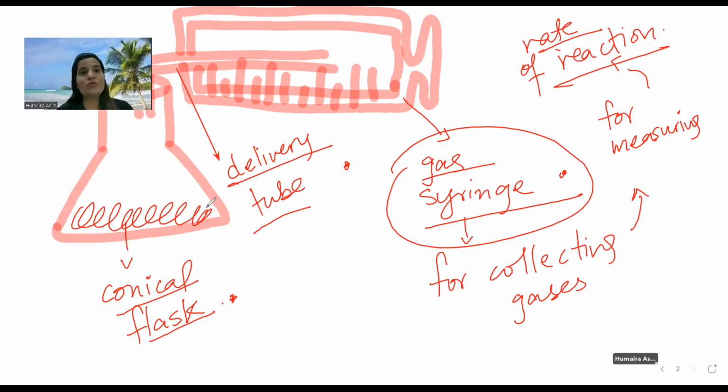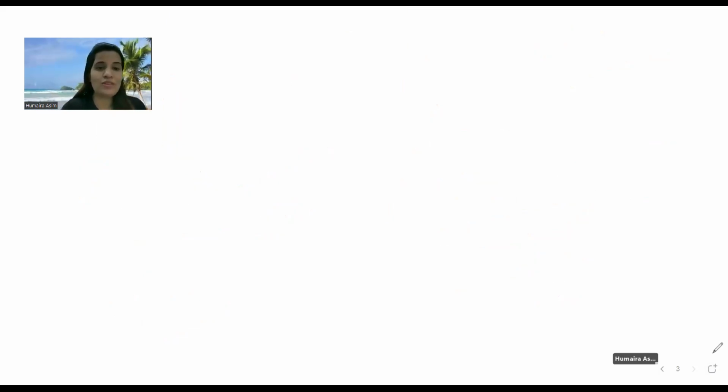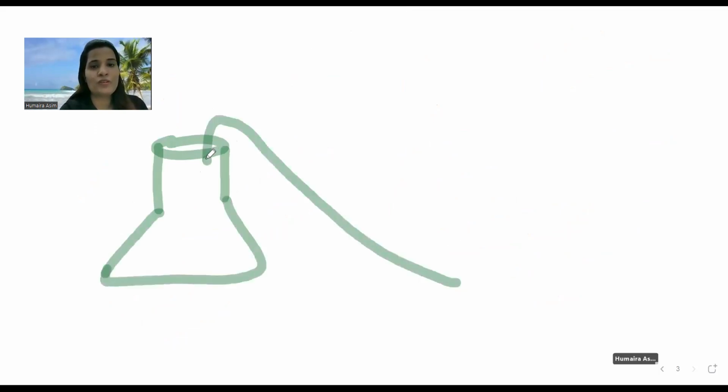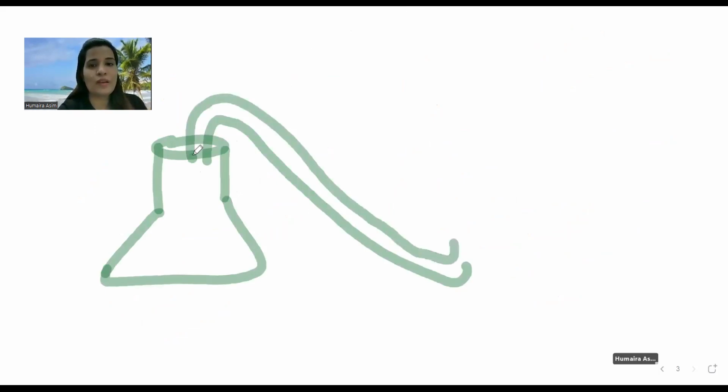Other than that, where I am talking about this collection of gas in the syringe, a measuring cylinder can also be used. Let me draw the apparatus for you. There is one more way of collecting the gas. What is that? Here you have this, right? This is also a kind of delivery tube, right? My diagram is very big, right?